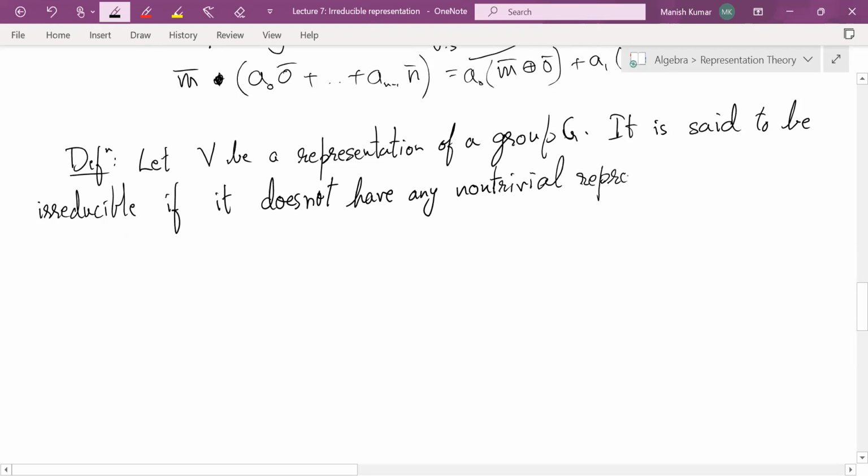So there are two trivial sub-representations. One is the zero subspace, and the other one is the whole space.